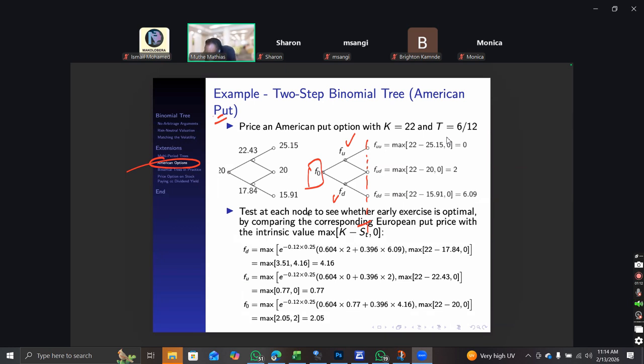The payoff here is not simply the discounted value like what we have done before. Before, we took this outcome and this outcome, multiplied them with the probabilities, then discounted, and then we got the values here. But for Americans now, we have to ask ourselves, is it optimal to exercise here?